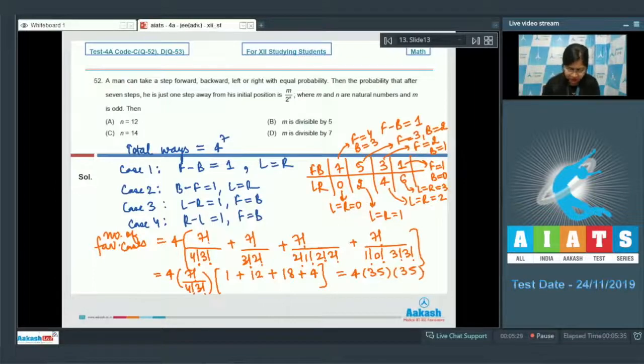So the required probability of event E is equal to 35 into 35, that is 1225 divided by 2 raised to the power 12, right? So the value of m is 1225 and the value of n is 12. So option number A is correct. M is divisible by 5, m is divisible by 7. That is also correct. So the answer is A, B and D.